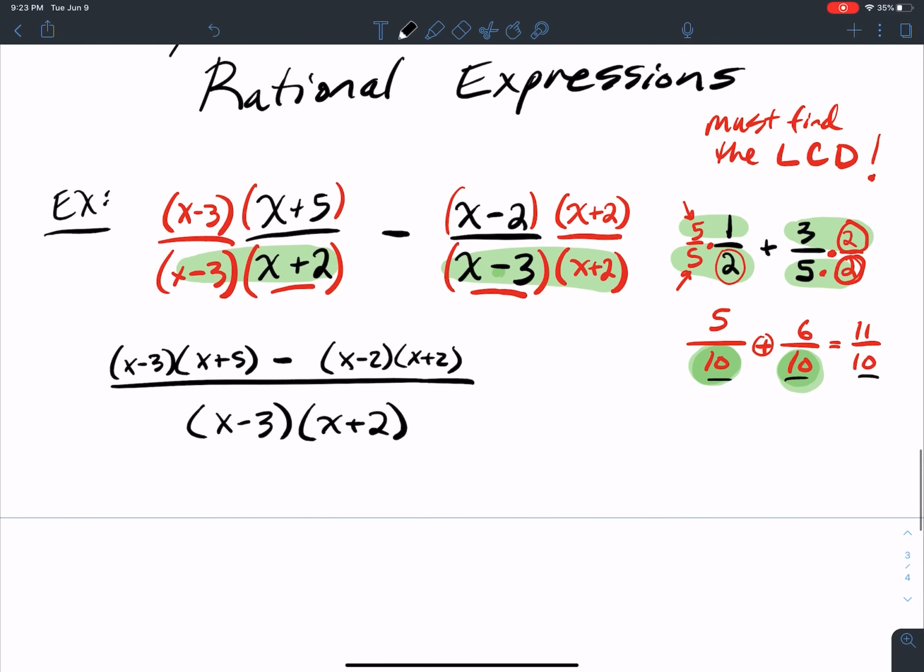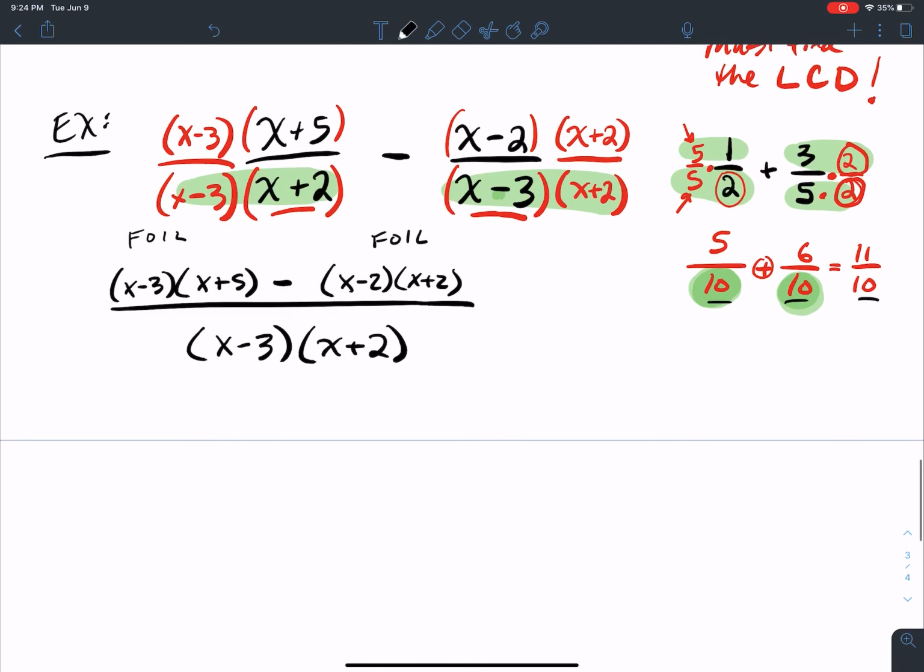So what can I do? Well, I can actually simplify the numerator. How so? Distribute, FOIL here and FOIL here. Double distribute. So if I multiply x times x is x squared. x times 5 is 5x. -3 times x is -3x. -3 times 5 is -15.